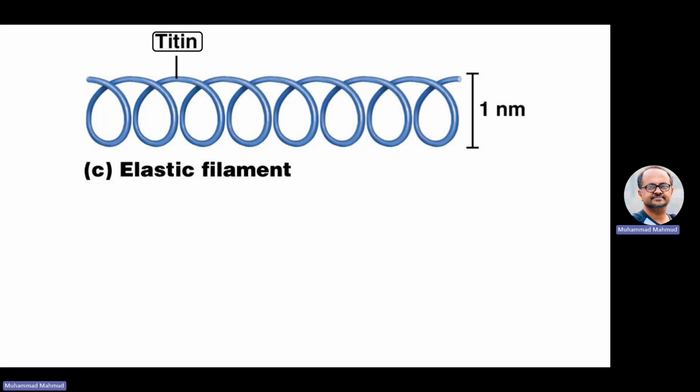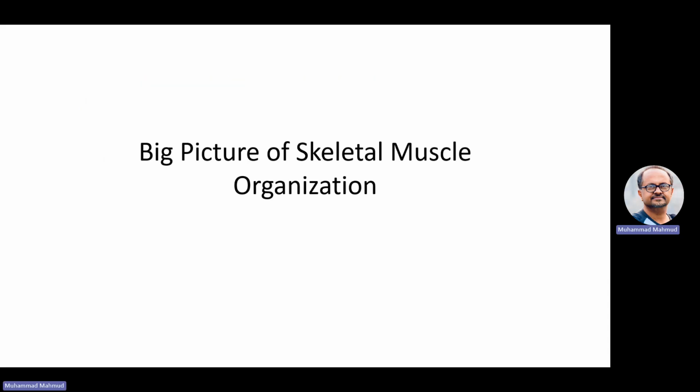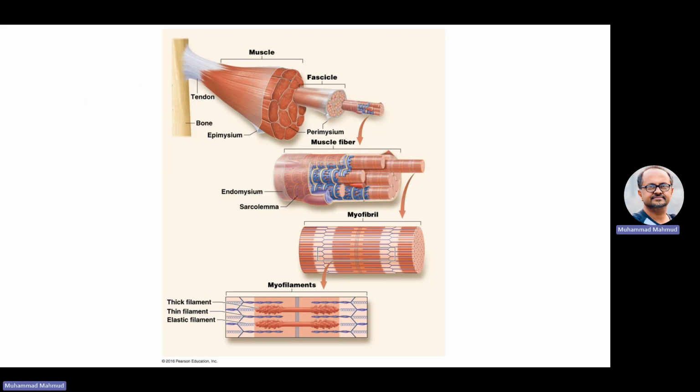So the big picture of skeletal muscle organization is like this. If I take the whole muscle, which is covered by epimysium, and then take a fascicle out, the fascicle is covered by perimysium.